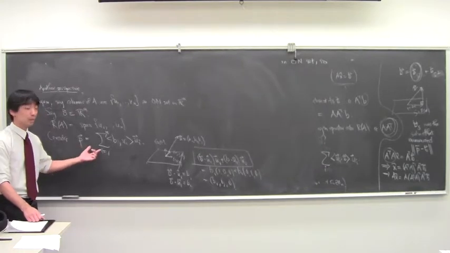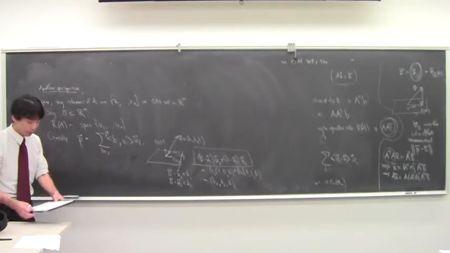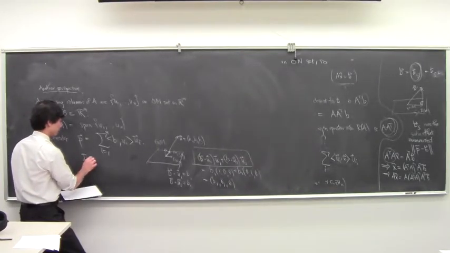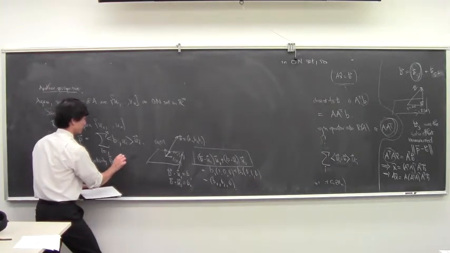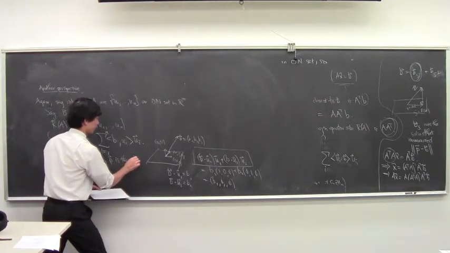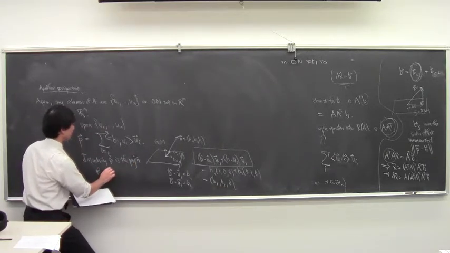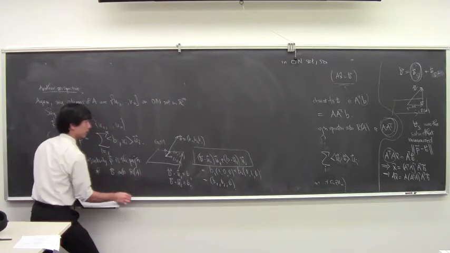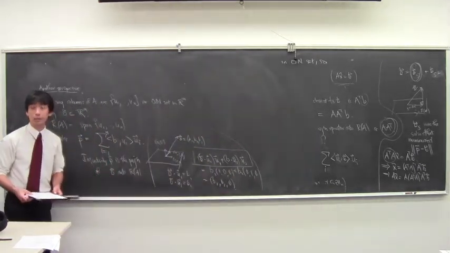Okay. So this thing that we're looking at, you should suspect very strongly that this is intuitively P, the projection of B onto RA, just from your three-dimensional intuition.